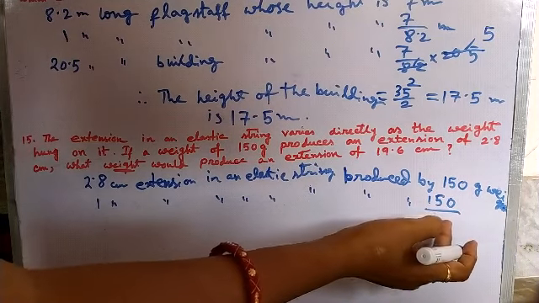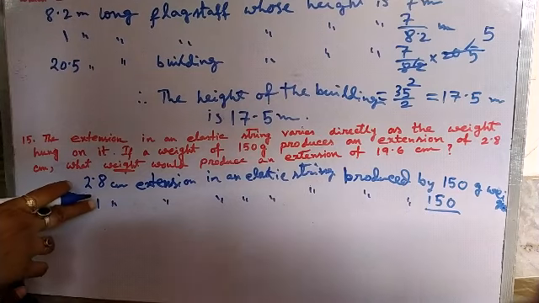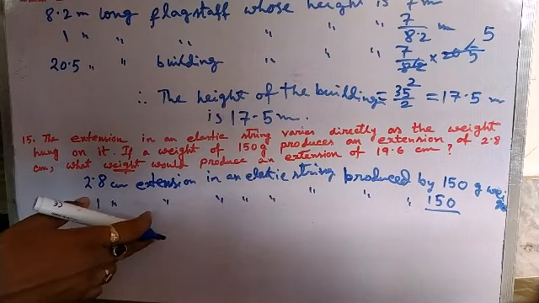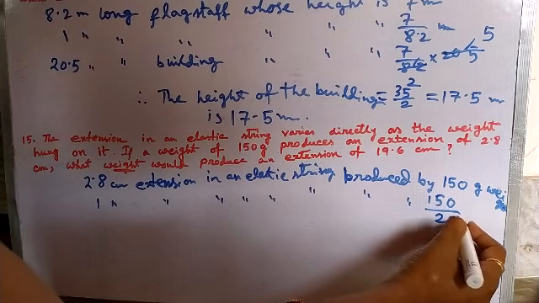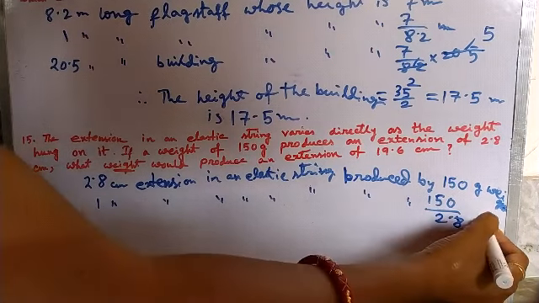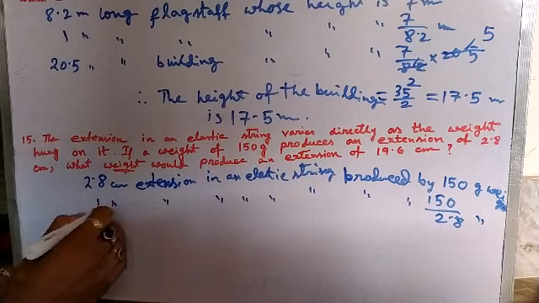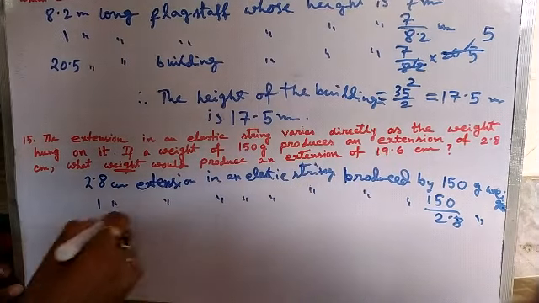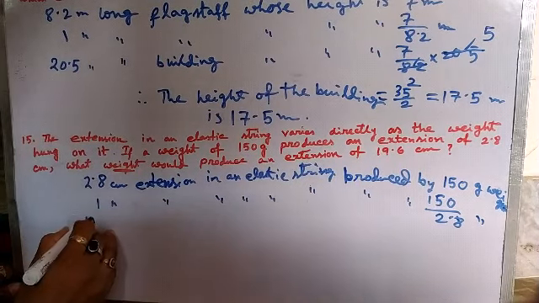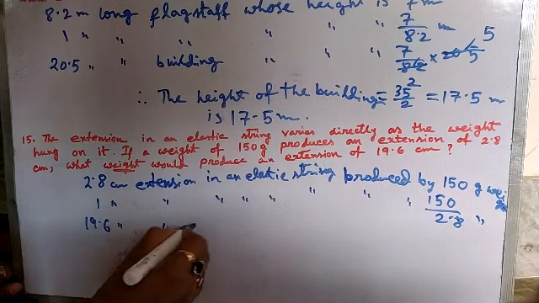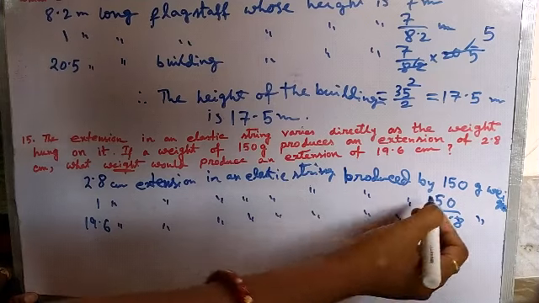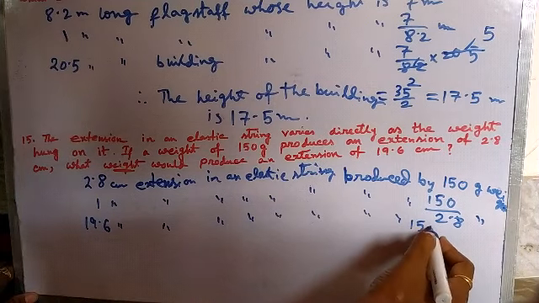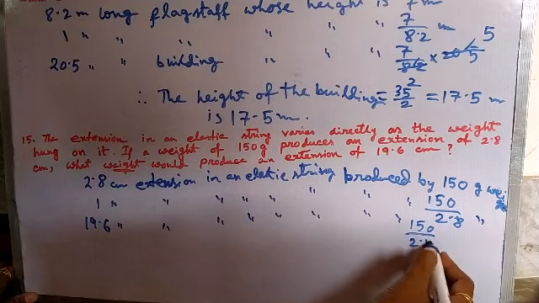When less weight is hung, then the length of the extension will be lesser, so that's why it will be divided, 150 by 2.8 gram, and at last 19.6 centimeter extension, that will be produced by how much weight, that we have to find out.